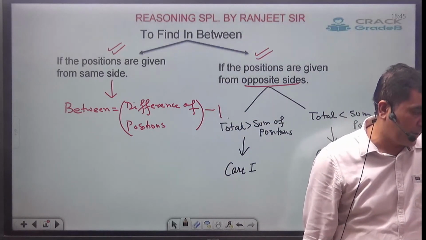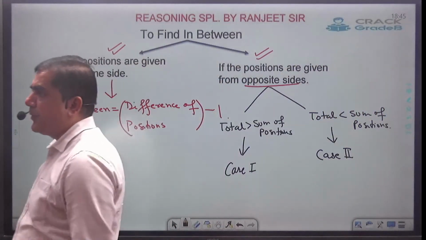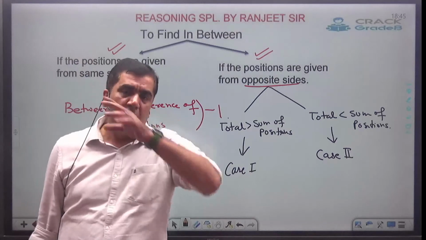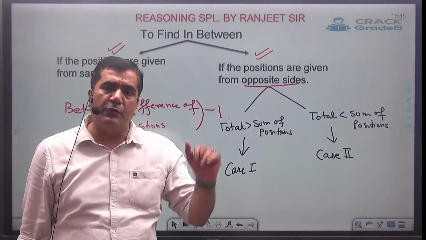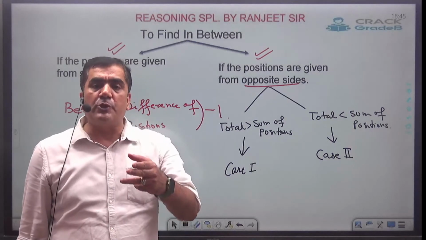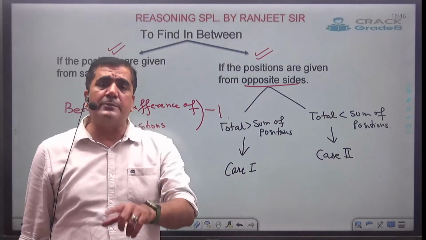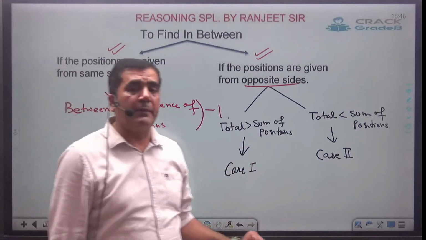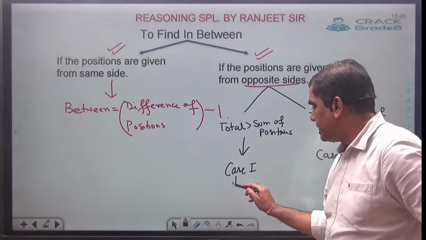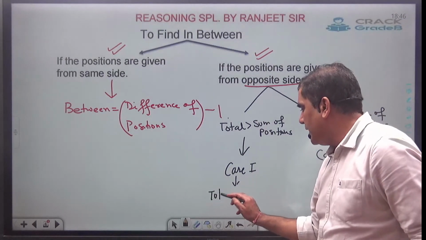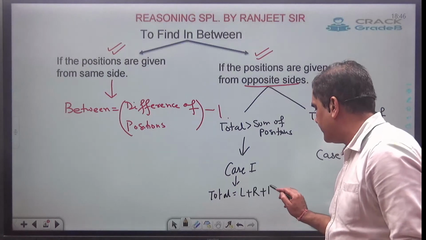Clear? Total always signifies whether case 1 or case 2 will be possible. So if the total is given, simply add the given positions of the two variables. If the total comes out to be more than the sum of the positions, that will be case number 1. If the total comes out to be less, that will be case number 2. And we have already seen the concept that in case number 1, the total is always equal to left plus right plus between.